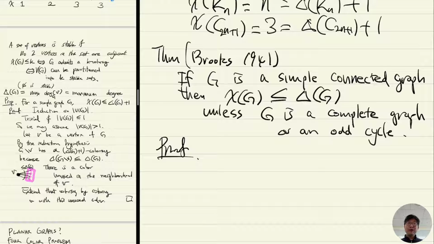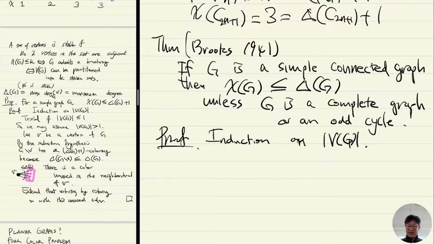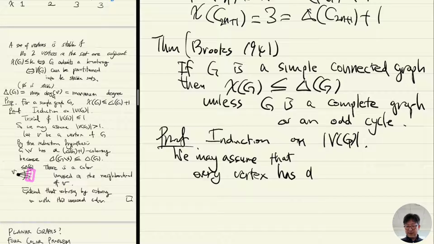How do we prove that? We again use induction. All the proofs look similar. So induction on the number of vertices, and you can use the same idea. So by the same idea, we can assume that every vertex has degree exactly delta of G. Right?